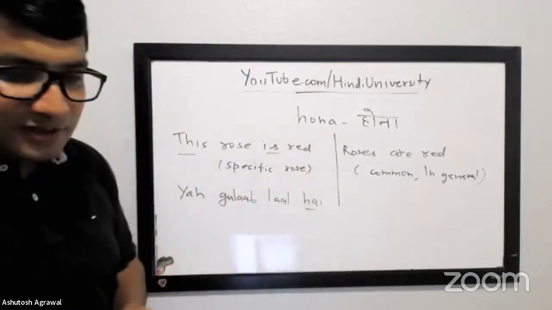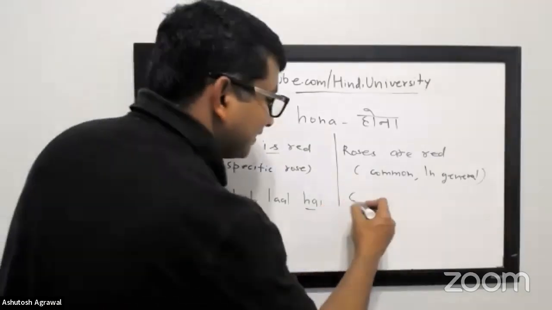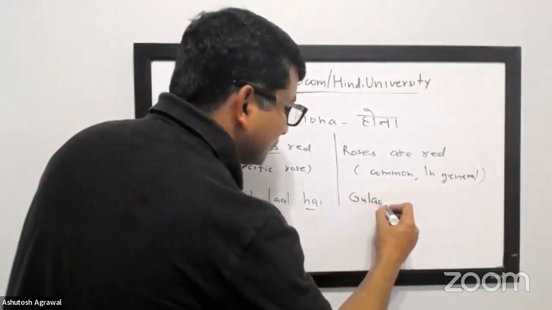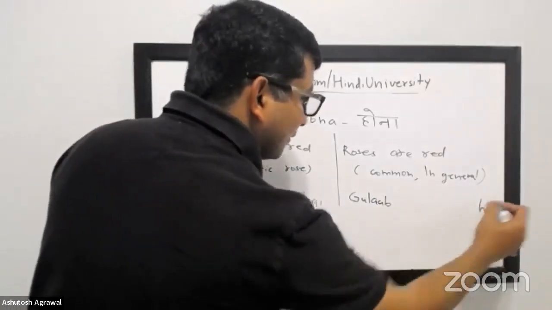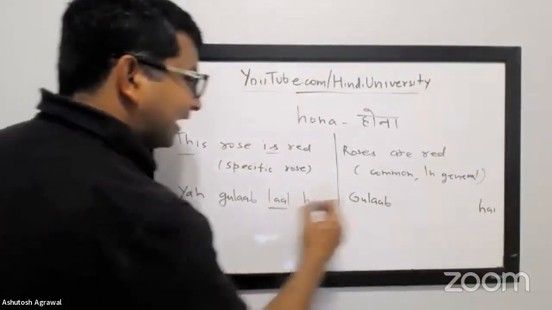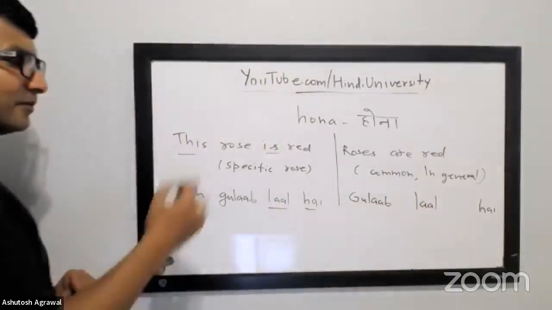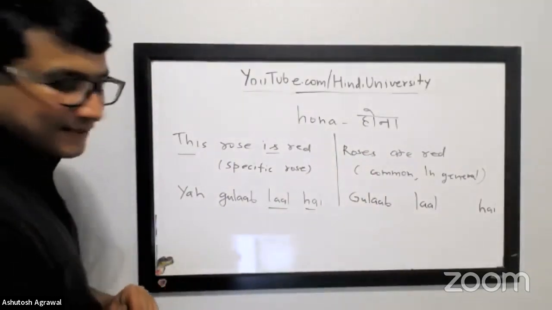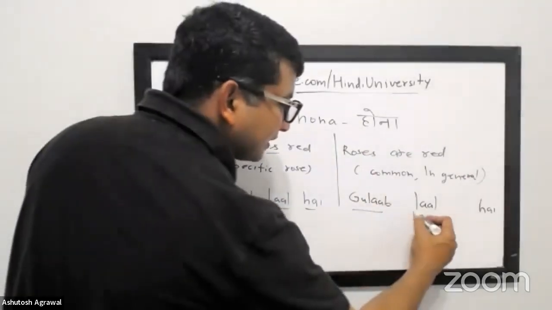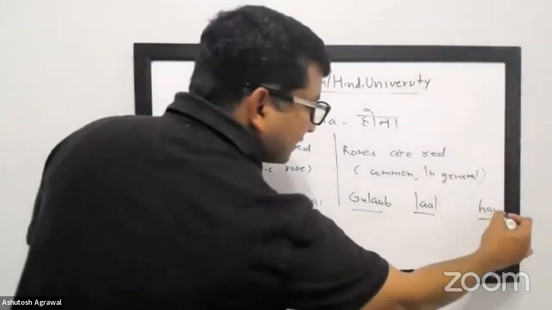How will you say this one? गुलाब लाल होते हैं. Okay, so you said gulab and then hai. Lal is also there. What changed from this sentence to this sentence? You have gulab, which is rose, red, and hai.